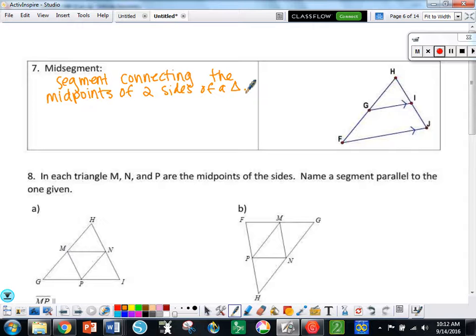Which means G right here is the midpoint. I is a midpoint. So this is one of the midsegments. There's 3 things you need to know with regards to the midsegment. That's one of them. The next one is that the midsegment is parallel to the base.